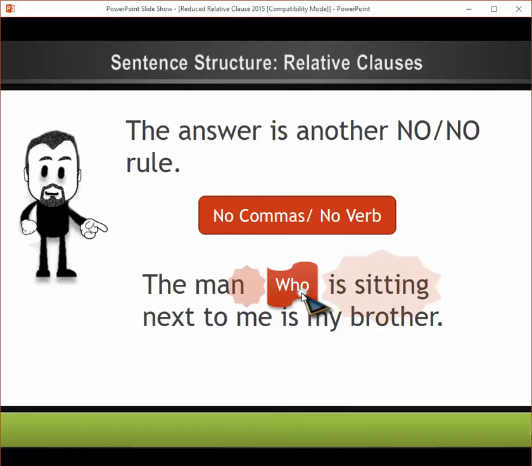If I take the who away, this cannot be the subject of the relative clause, right? So it's a verb already. This is not going to work. It's not going to sound correct. The man is sitting next to me, okay, but is my brother? No, there's too many verbs and not enough subjects. So this sentence doesn't make sense. This is wrong.